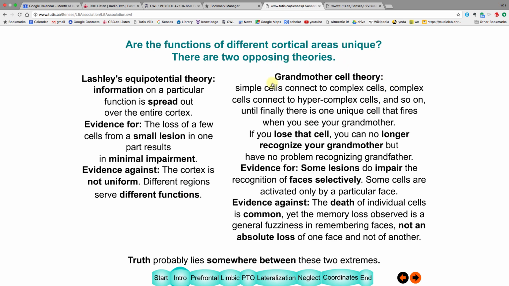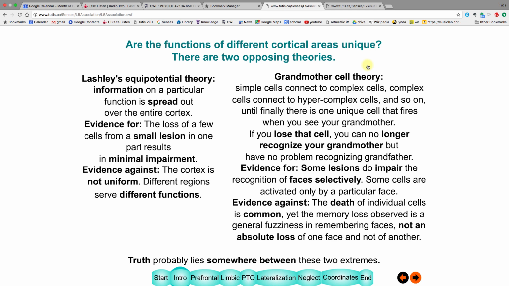The other extreme theory is called the grandmother cell theory. So you go from simple cells to complex cells to end-stop cells to cells that recognize faces, and finally to a cell that recognizes grandmother. Well, it's partially true.